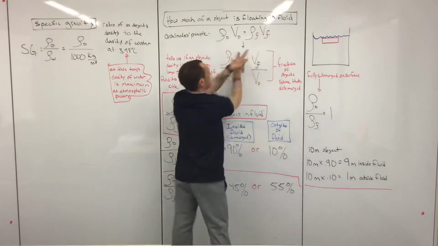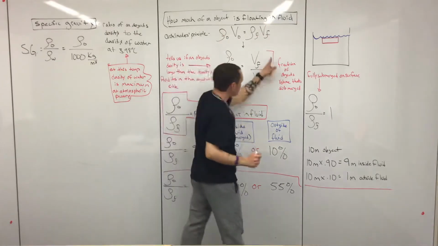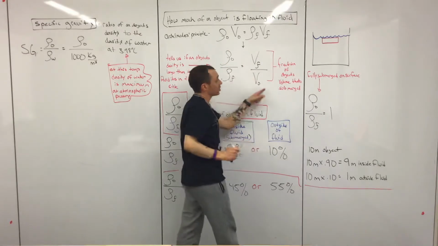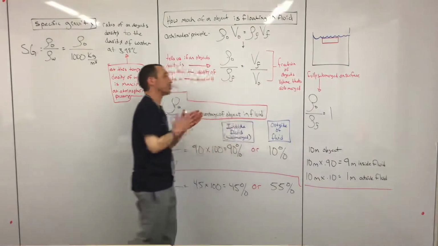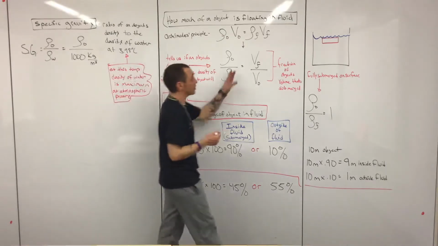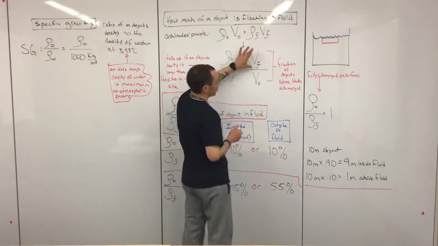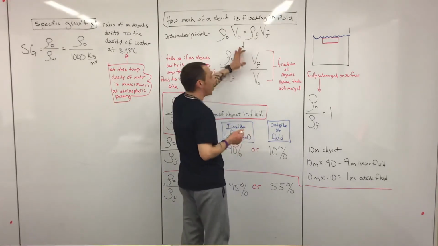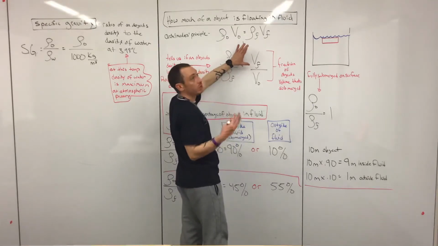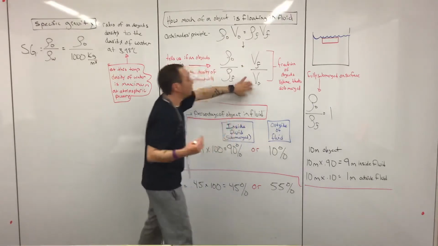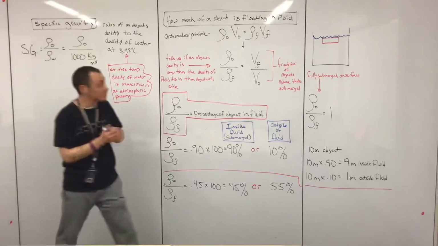These are just swapping places, and we get this equation. We see that when we do that, we get this ratio, which is the fraction of the object's volume that's submerged. It's really telling us how much of the volume of the object is in the fluid compared to the volume of fluid that's being displaced.